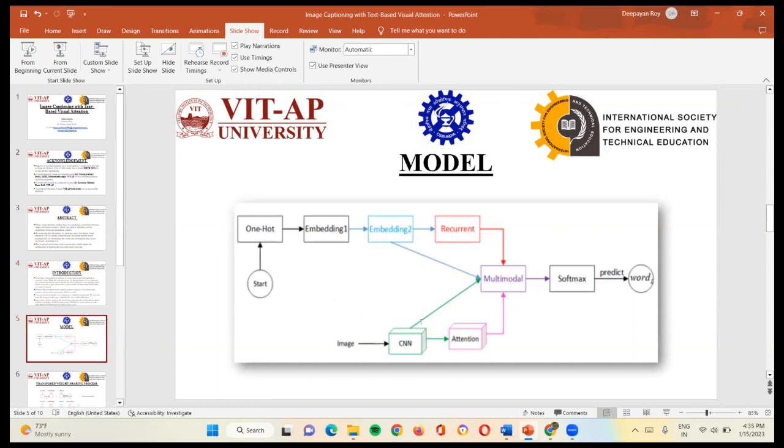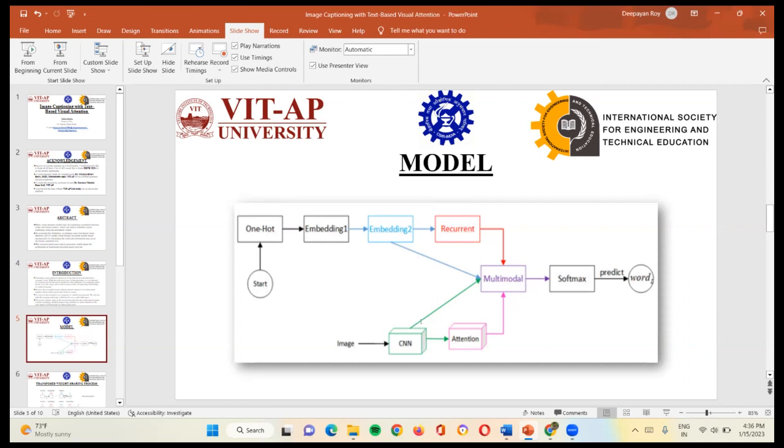So here is our model architecture. In this figure, we can see that we have proposed a TVVA model, which is based on the classical end-to-end RNN architecture, which has 5 layers: two embedding layers, one recurrent layer, one multimodal layer, and one softmax layer. The two embedding layers learn a dense embedding feature for each word in the vocabulary.